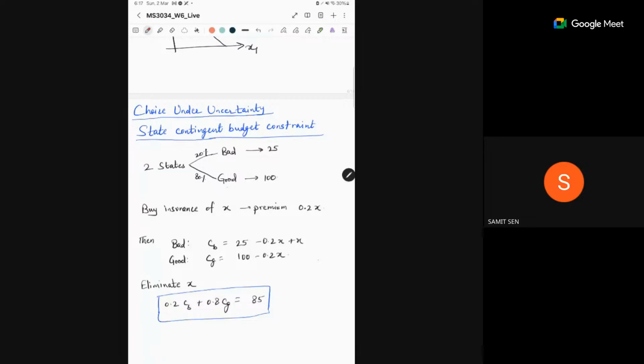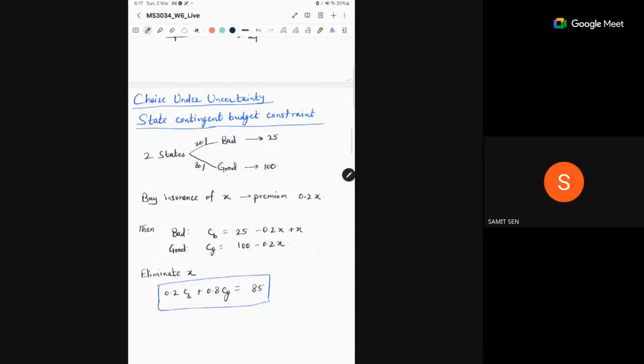So in that case, we derive the state contingent budget constraint because our payouts or incomes are state dependent. That's why we call it the state contingent budget constraint.